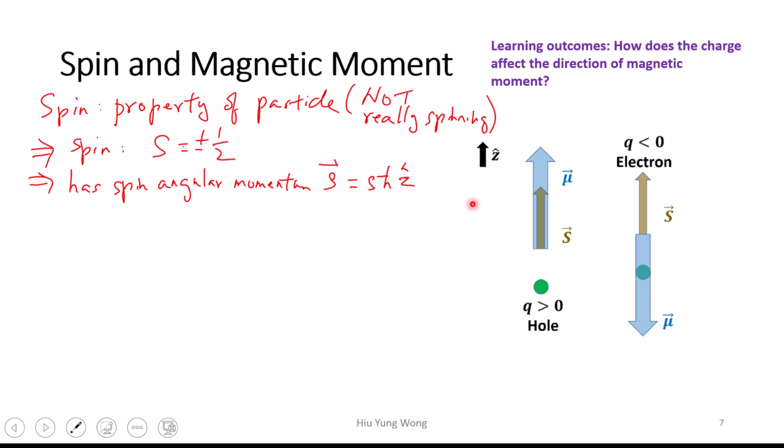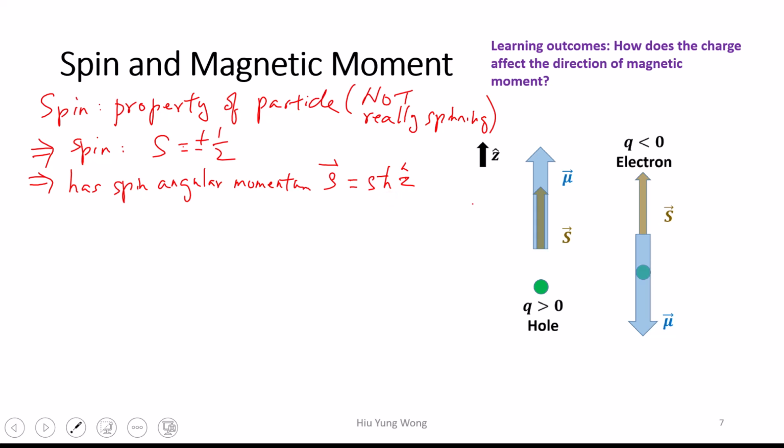Because somehow this particle has angular momentum, although it is not moving. That is the point. So the electron is spinning, but again, the electron is a point charge. Even if you're spinning, you should not have angular momentum, right? Because it's zero. You are always at zero coordinates, you don't have angular momentum. So in reality, it is not really spinning, but we call it spin because it gives angular momentum. And the value is the spin times the reduced Planck constant.